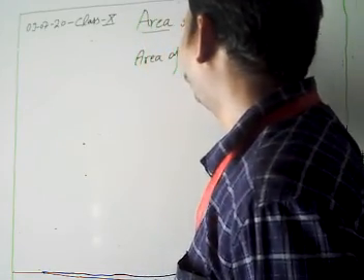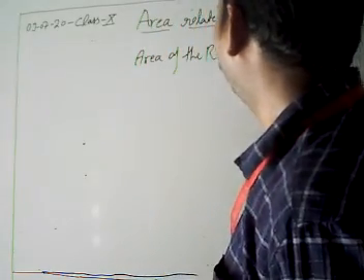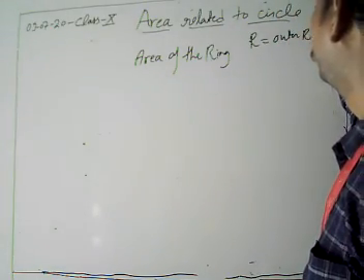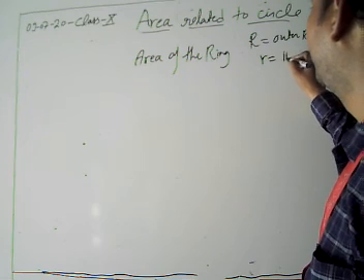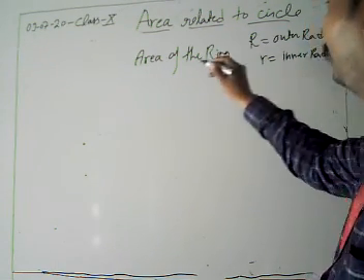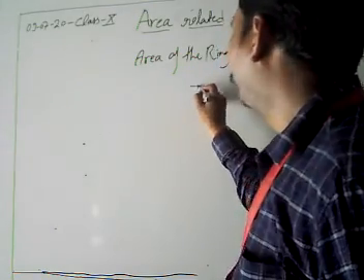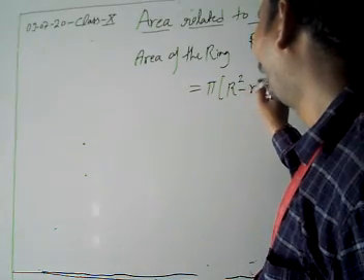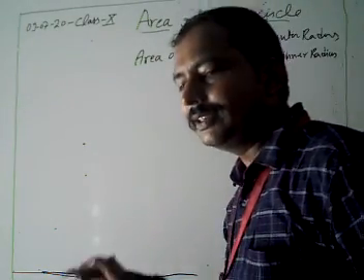If capital R is the outer radius and small r is the inner radius, then our area of ring is given by pi R square minus r square. This is our area of ring.